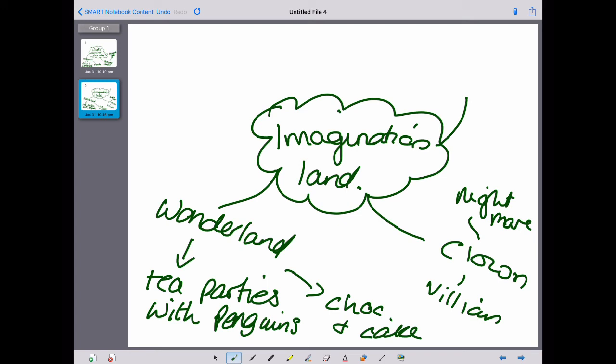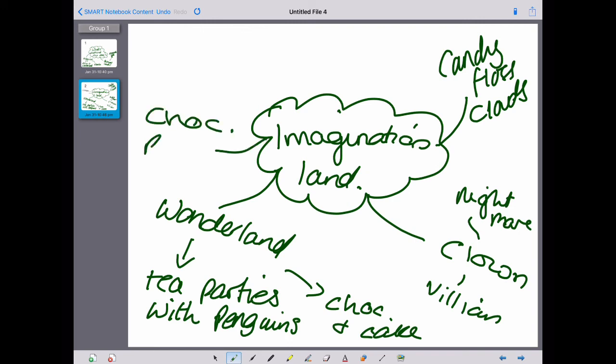I'm also going to have like candy floss clouds in Imagination Land. It's going to be a little bit Willy Wonka, a little bit Disney, a little bit crazy. So I am going to have chocolate rivers and things like that. And then this character is going to cause me some problems.